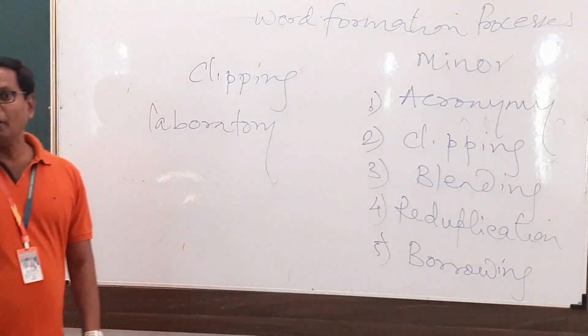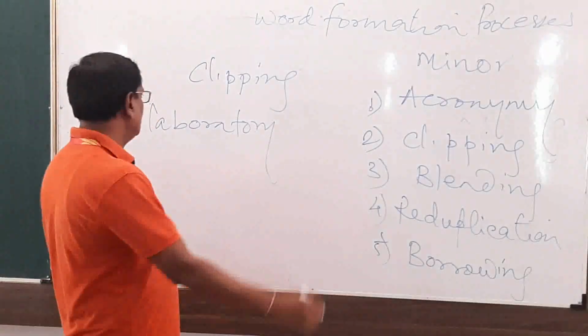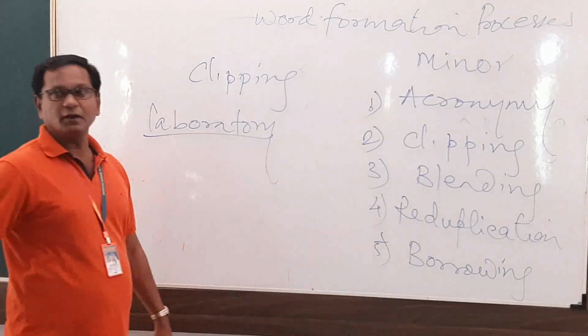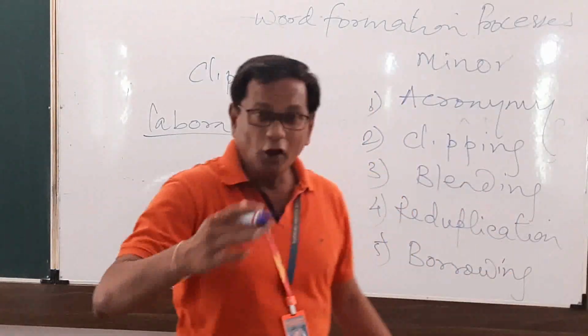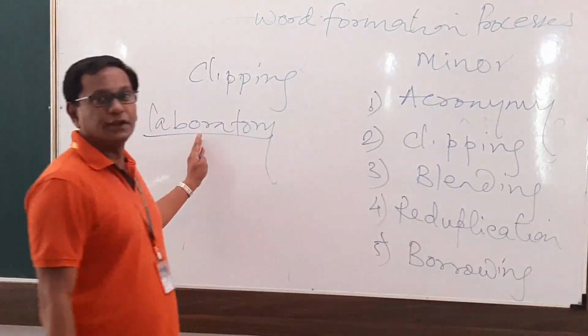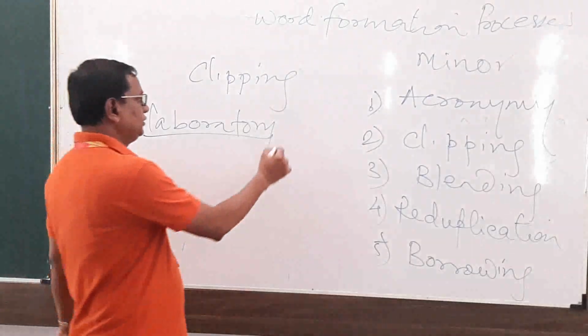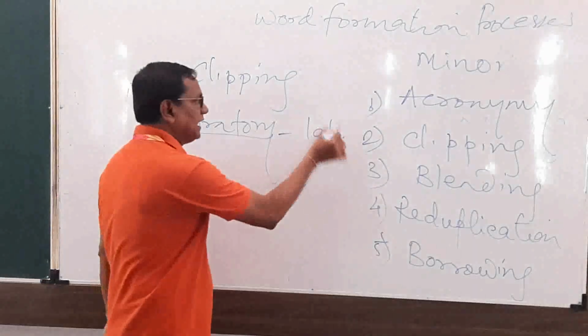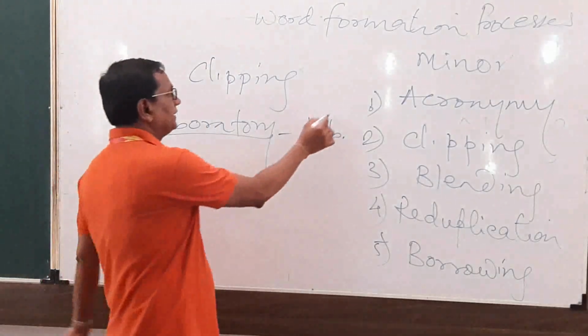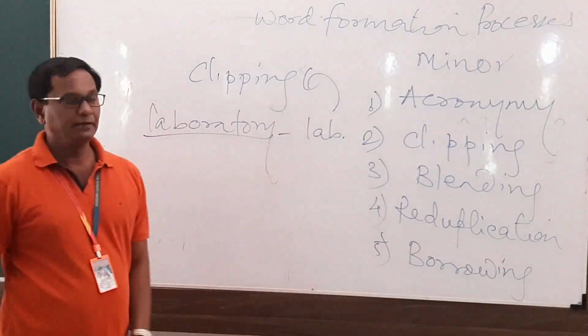We have the word laboratory, the longer word, right? So here, instead of using this word in its original form, we often cut this word and we use the word as lab. You see, in short, we say lab. So lab is an example of clipping.